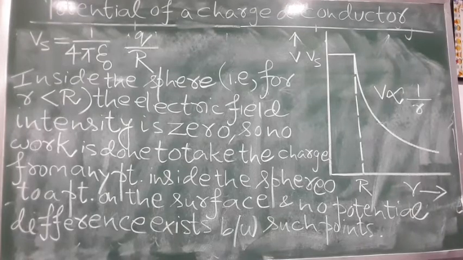Now inside the sphere, that is for small r less than capital R, the electric field intensity is 0. So no work is done to take the charge from any point inside the sphere to a point on the surface, and hence no potential difference exists between such points. Children, you need to draw the graph in your exercise copy.